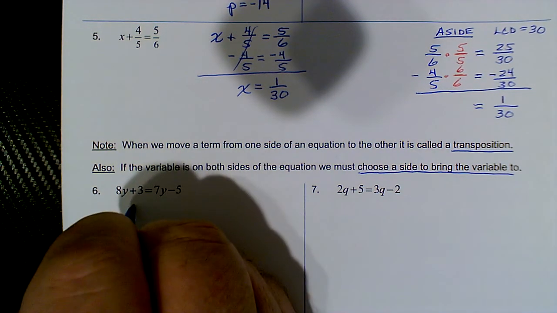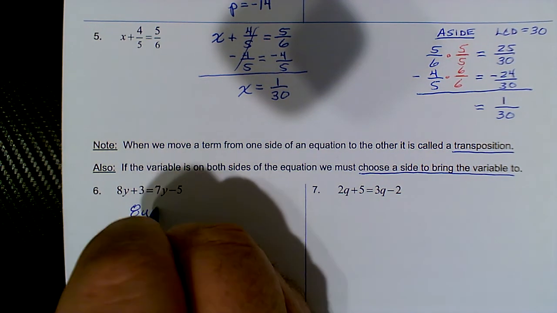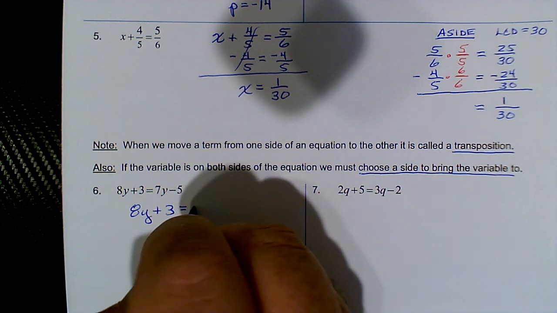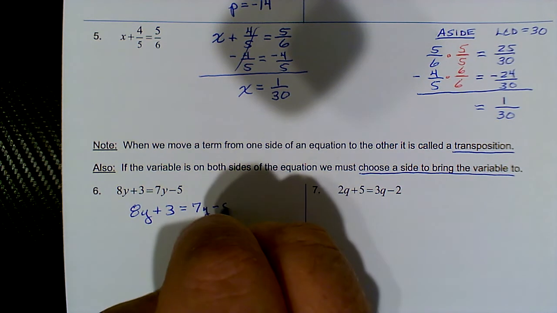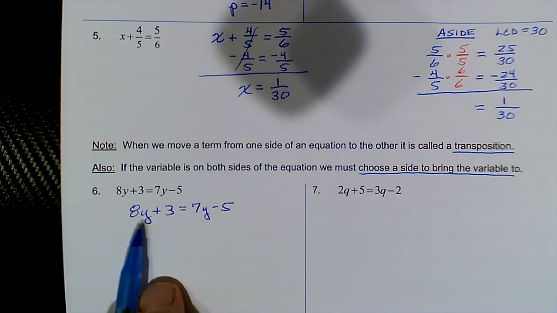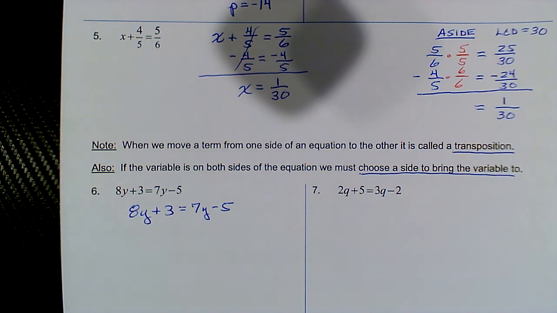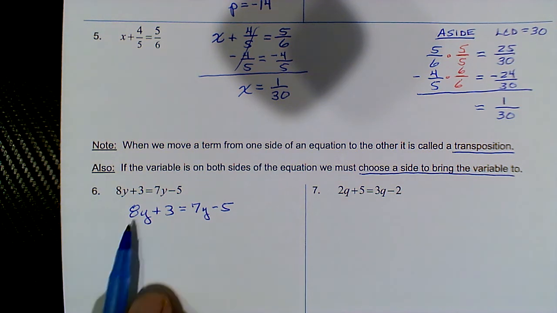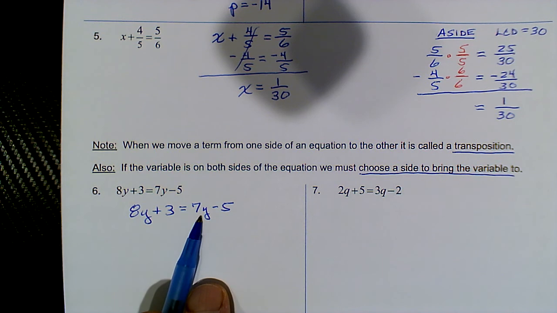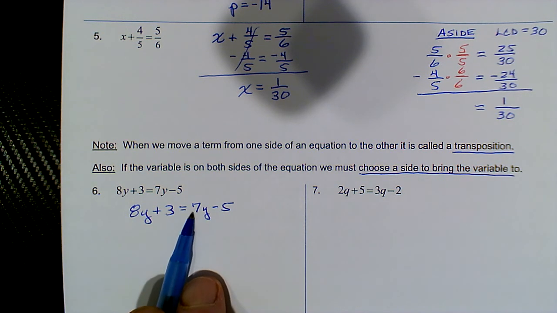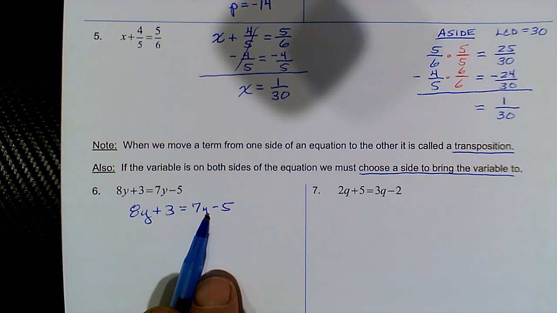Now let me recopy it because again I just want to be able to show the work neatly. So I see the variables on both sides. So then I just ask the question, which side has the larger coefficient or the greater coefficient? And obviously 8 is greater than 7. So therefore we're going to transpose this 7y first.